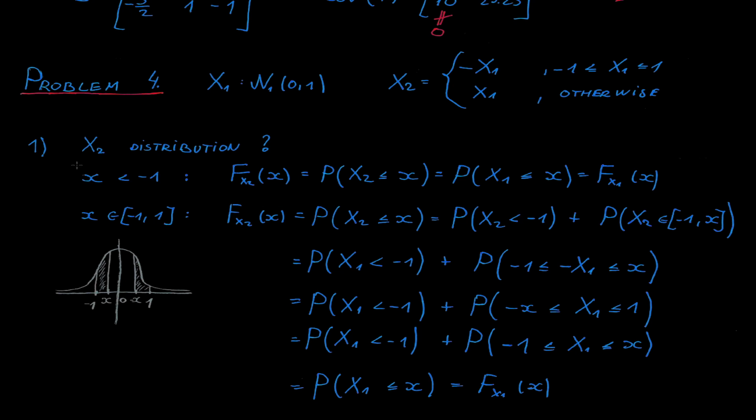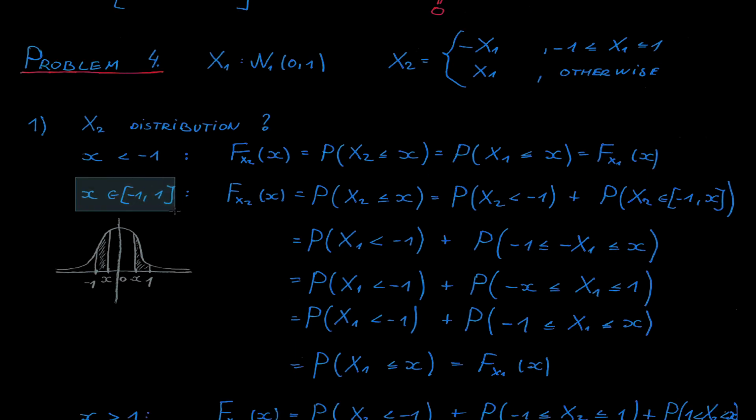Because x is smaller than -1, we know that x2 is actually x1, since the case is otherwise. So we can just substitute x2 with x1, and by the definition of the cumulative distribution function, this is the cumulative distribution function of x1.